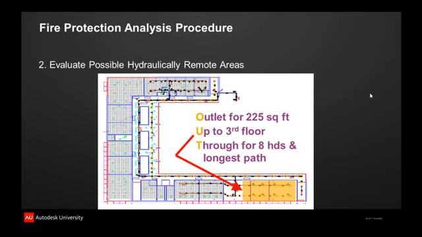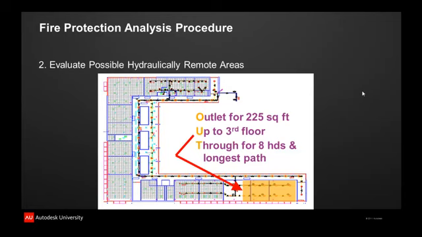This 1,500 square feet has an outlet pressure based on 225 square foot spacing of the sprinklers. It has an elevation pressure necessary to raise water up to the third floor, and it has friction loss necessary to carry flow for 8 heads through the longest path from the standpipe.